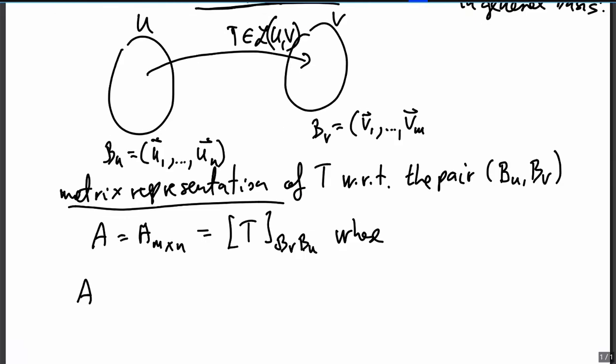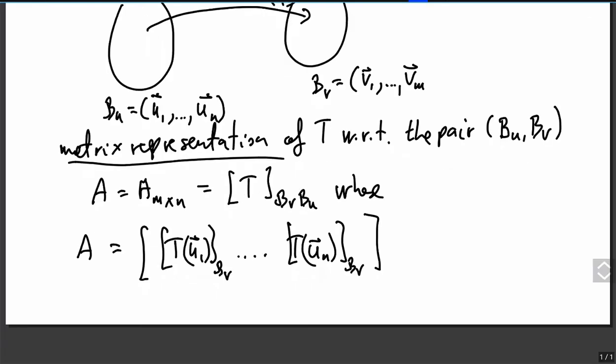A is supposed to be built up as the coordinate matrices of the images of the basis vectors U1, ..., UN. The coordinate matrices, since this is in the vector space V, there we have the basis BV.